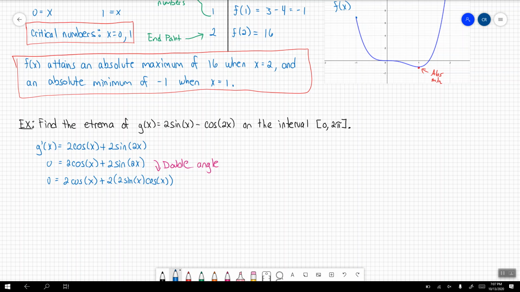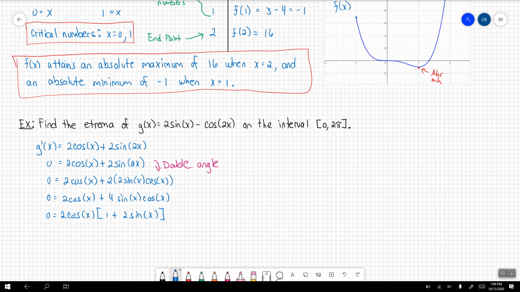Perfect. And the reason I want to do this is because using the double angle, I now have a common factor, otherwise known as my GCF, of 2 cosine of x. And I'm going to factor that out. So 2 cosine of x is now going to multiply the quantity of 1 plus 2 sine of x.